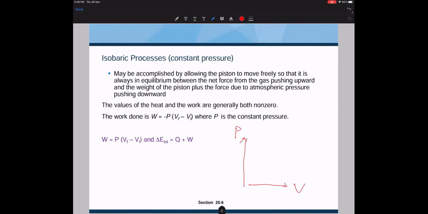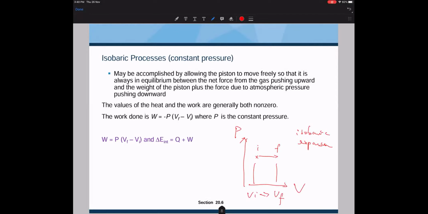On the PV diagram, it refers to the same pressure between the initial and the final states. Of course, here I draw what we call isobaric expansion, where the volume increases during the process.